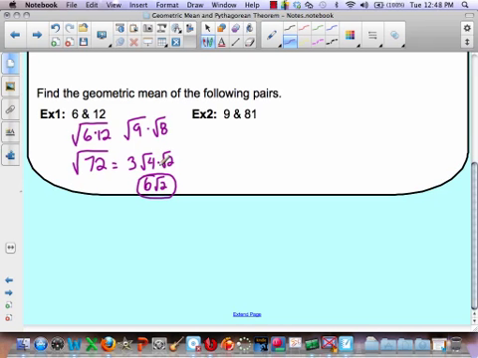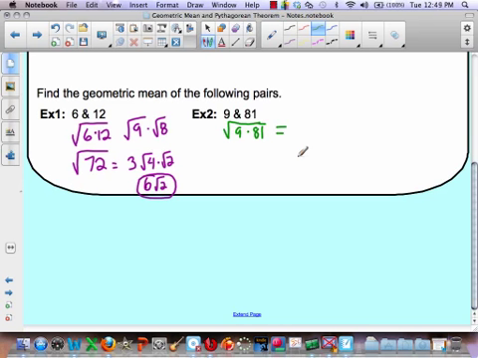All right, let's take a look at number 2. How do I find my geometric mean there? How do I set up the problem? So radical of 9 times 81. What's probably an easy way to do this problem right off the bat?